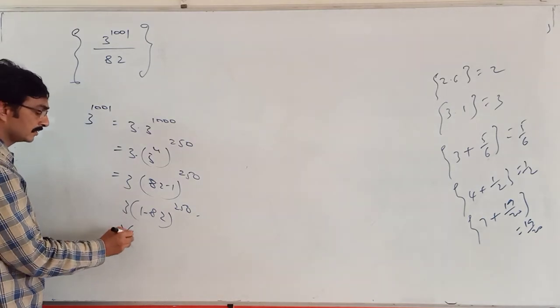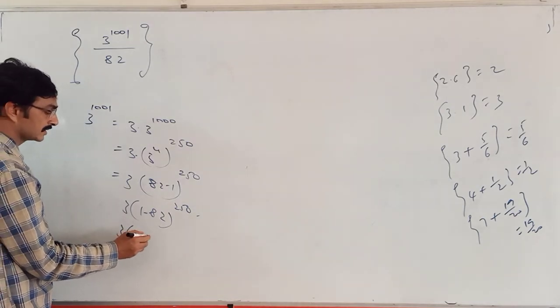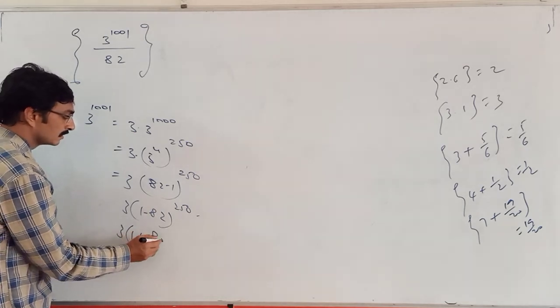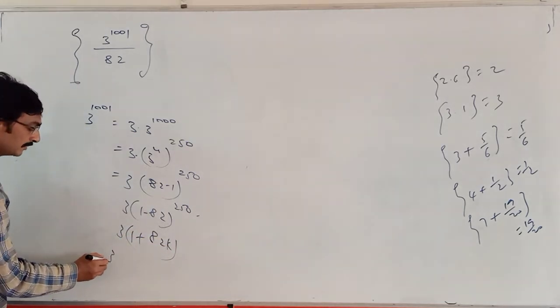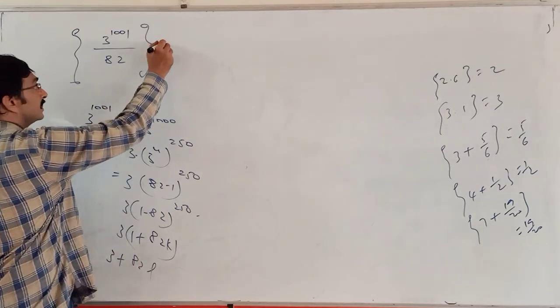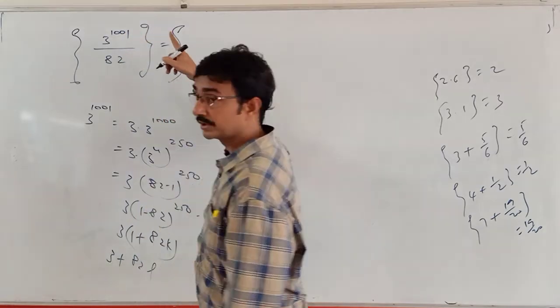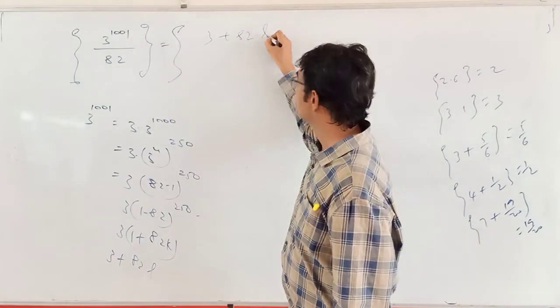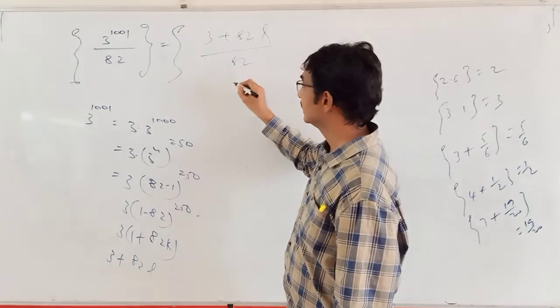So 3 into this can be expressed as 1 plus 82k, multiplied by 3, giving 3 plus 82l. Therefore 3 power 1001 divided by 82 can be replaced by 3 plus 82l by 82.